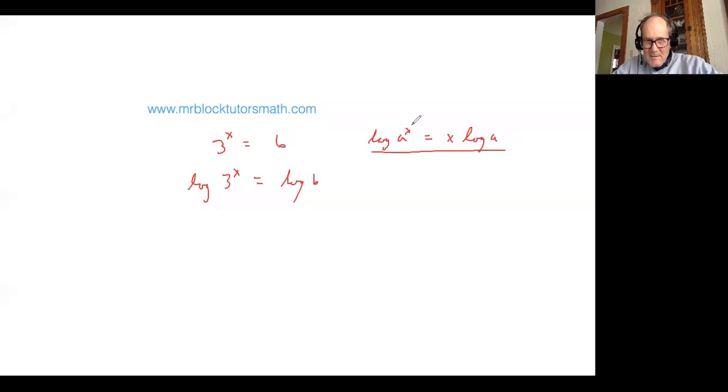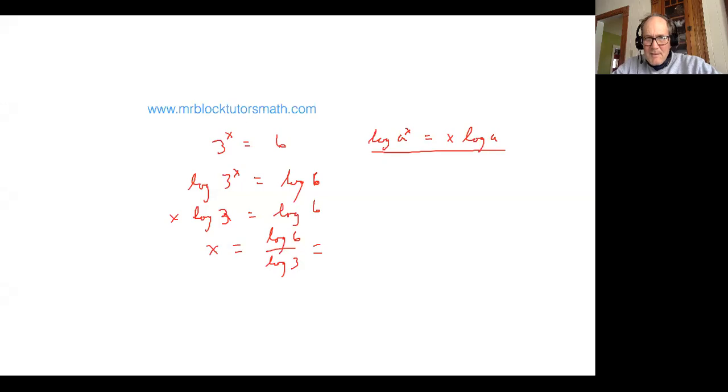The exponent x comes down in front of the log a. So this x will come down in front of log 3, and then I've got log 6. Then dividing out the log 3, I've got log 6 over log 3.